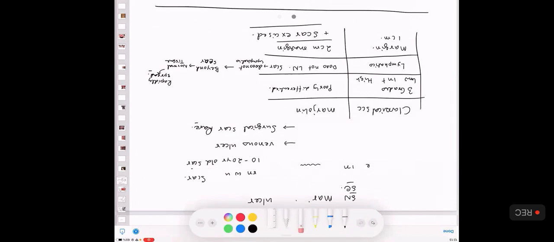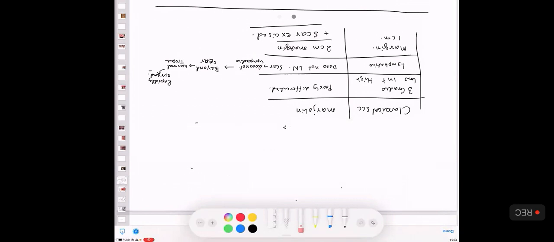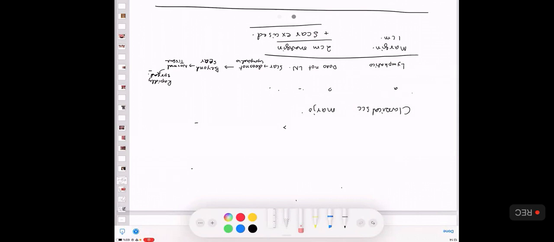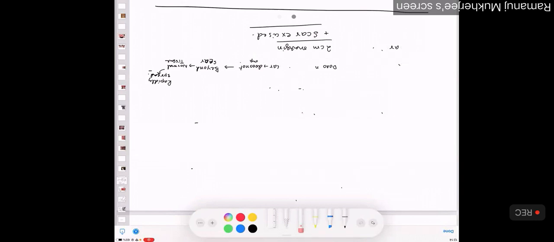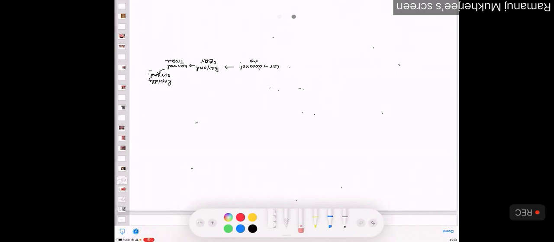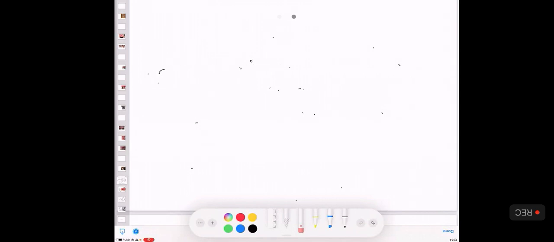Okay. Now, the next question is, what is your management plan in this patient? The management plan is, I would like to confirm my diagnosis by taking a biopsy.